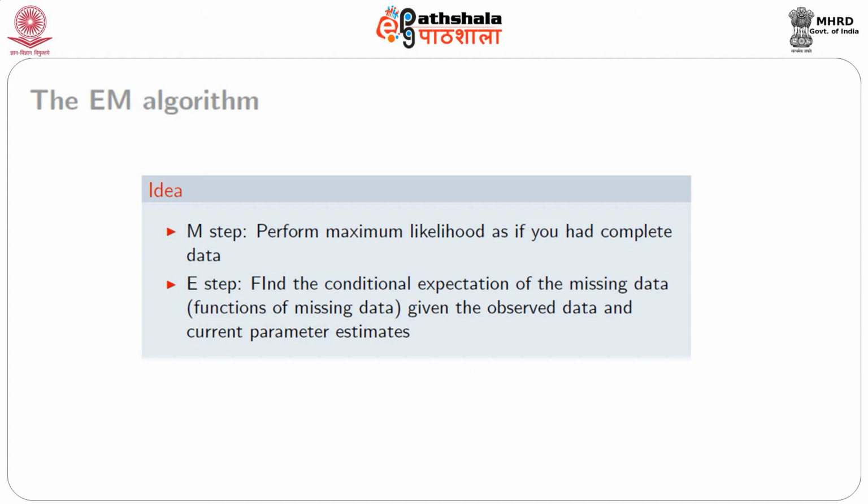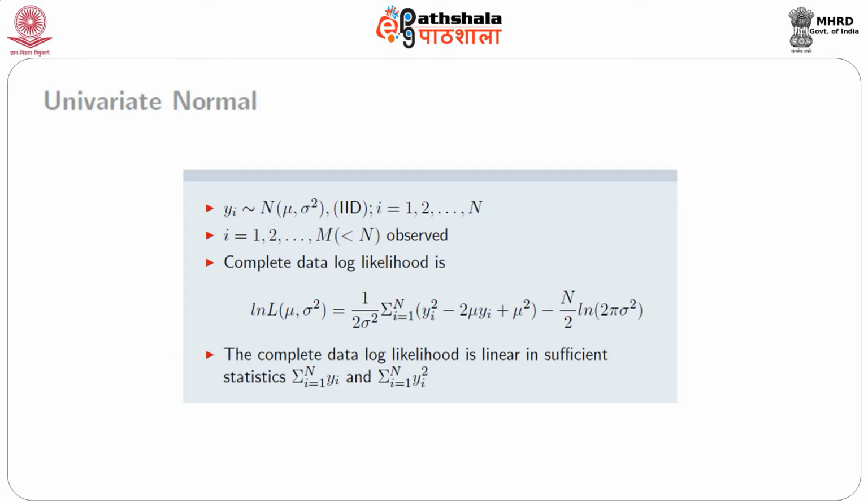So, we get the parameter estimates from the M step and then use that to find the conditional expectation of the missing data given the observed data and the estimated values of the parameters. Now, we really don't go by the conditional distribution of the missing data per se, but we model the functions of missing data. Now, let us take an example to illustrate what we are trying to do.